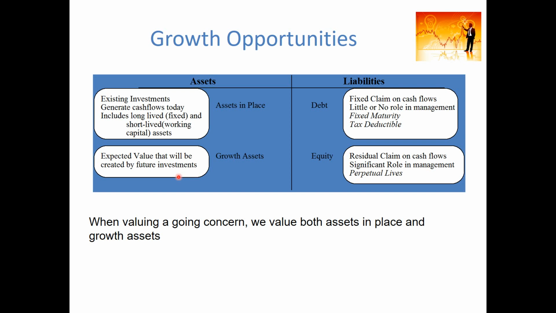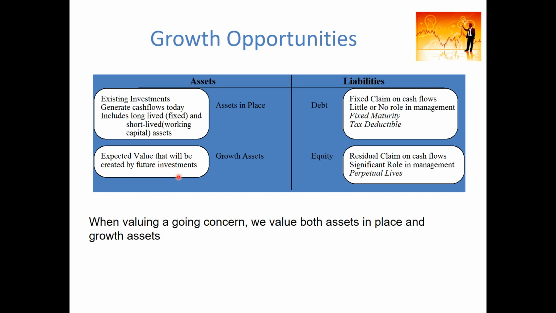So let's have a look at how we might do that. We can assume that the price of a firm is equal to both the value of assets in place and the present value of growth opportunities. With regard to the assets in place, we know how we can measure that, because that is the value of the firm if it just remained at the status quo, or if it just continued to use its current assets.